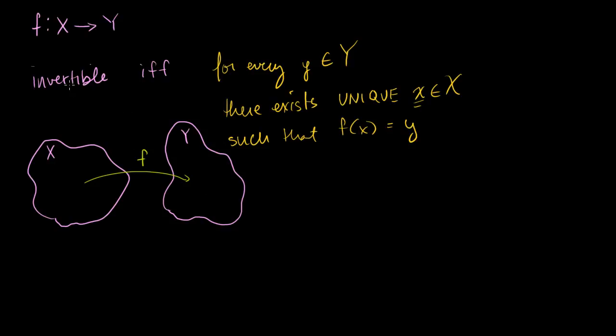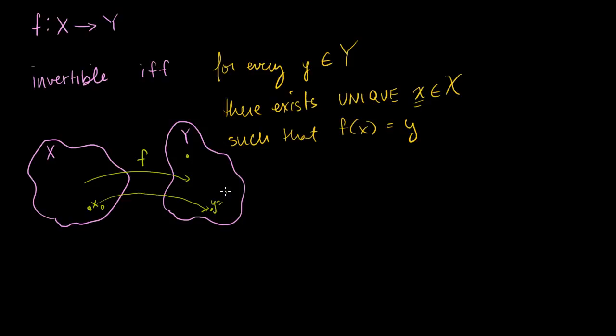We know what invertibility means, but we learned that it's invertible if and only if for any y that's a member of your codomain, there exists a unique x such that f of x is equal to that y. If this is an x, let's say x naught, f of x naught would be equal to y.